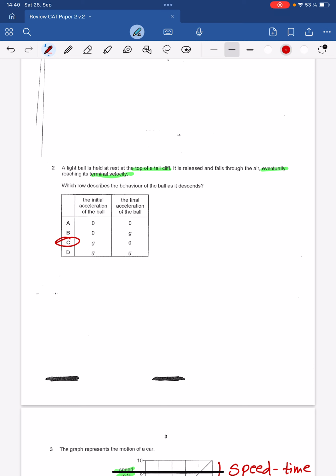It's no longer accelerating, which means the resultant force on the object is 0. Very important. If you don't know the definition of terminal velocity, you can't pick the correct answer.